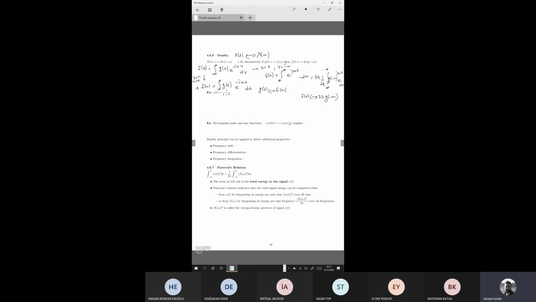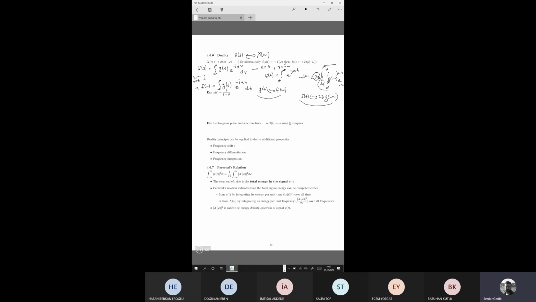On the right-hand side, this is the actual synthesis equation with g(-ω). Instead of g(ω), I now have g(-ω) in the integration, and there is 2π here. So f(t) and 2π g(-ω) are Fourier transform pairs. This is the end of the proof: if g(t) and F(ω) are a Fourier transform pair, so are f(t) and 2π g(-ω).